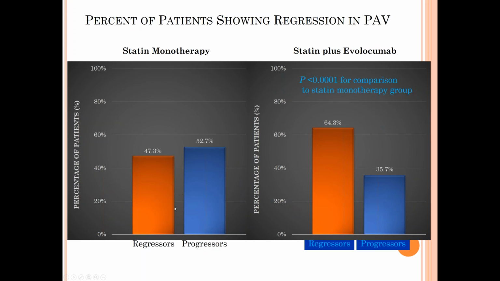Statin monotherapy, there was no real change between the patients that had increased or decreased atheroma. A larger percent of patients in the evolocumab group had a regression versus 35% had progression.